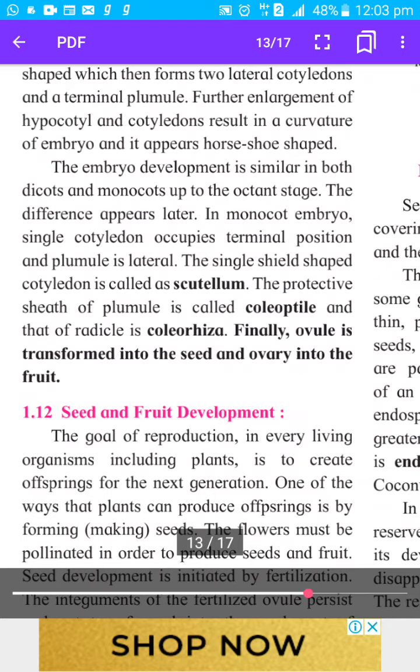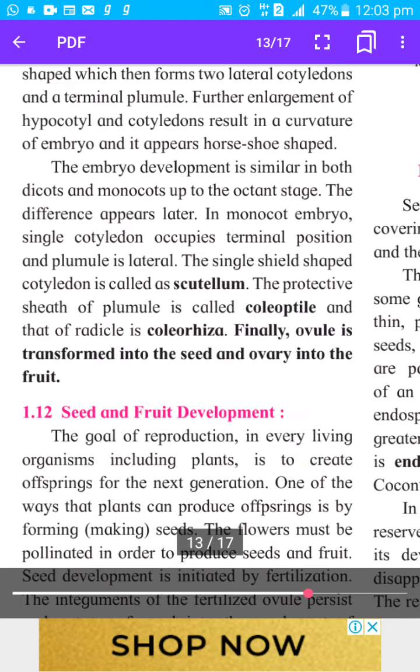The protective sheath of plumule is called coleoptile. So there is a protective sheath around the plumule, which is going to develop as a stem. And that of radicle is coleorhiza. Radicle is from which roots are going to develop, so it also has a protective sheath, which is called coleorhiza.